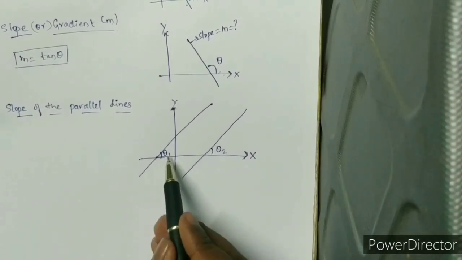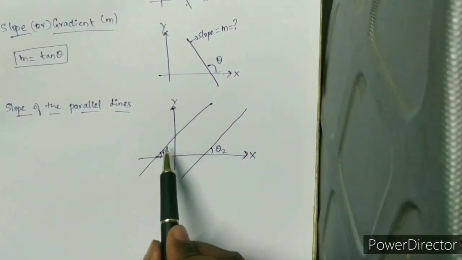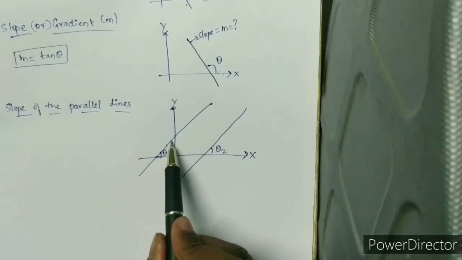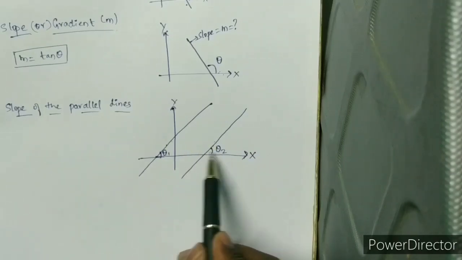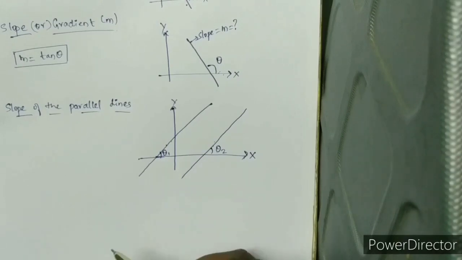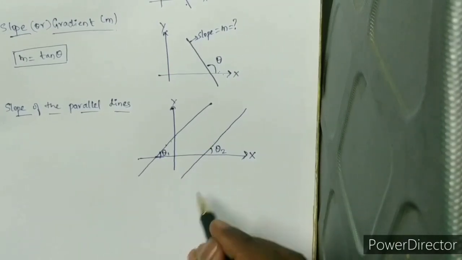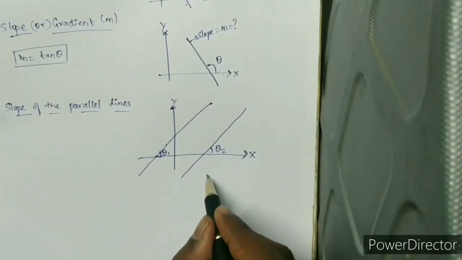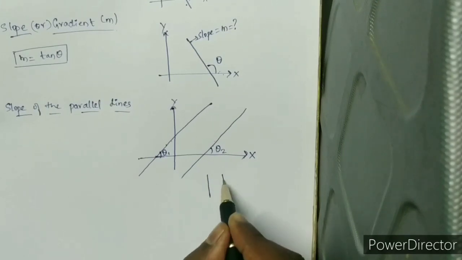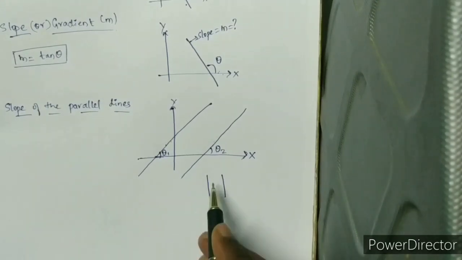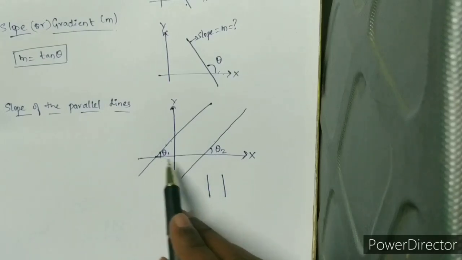If these two lines are parallel, then these angles are going to be the same with respect to the x-axis. We say lines are parallel only when they are like this, but here it is inclined. That's it.